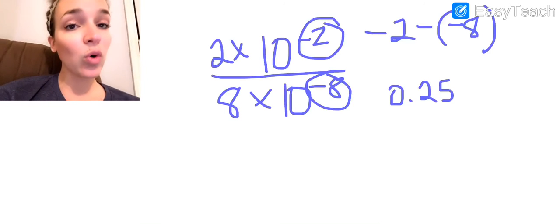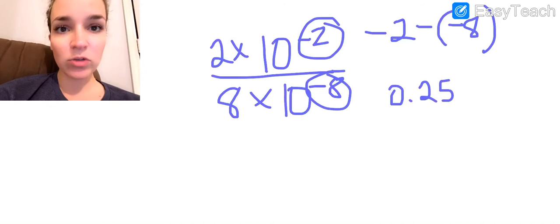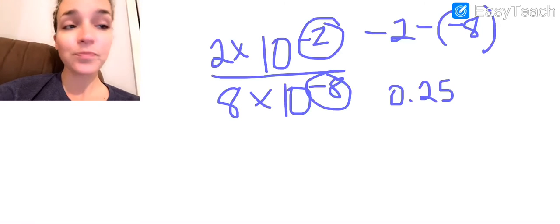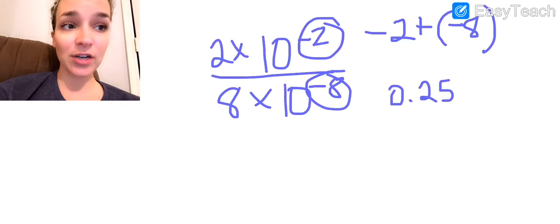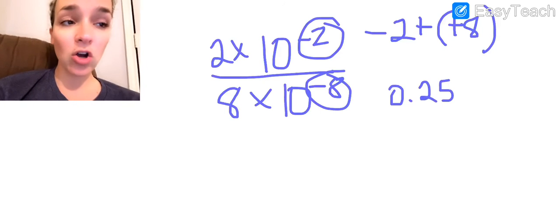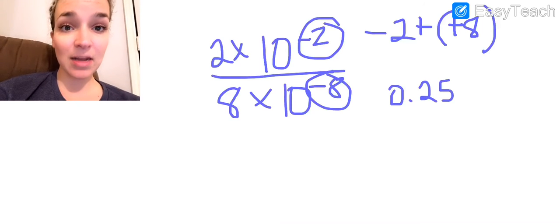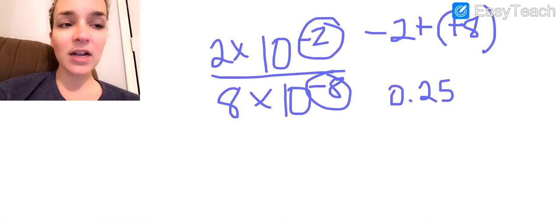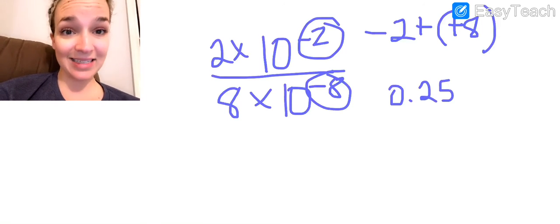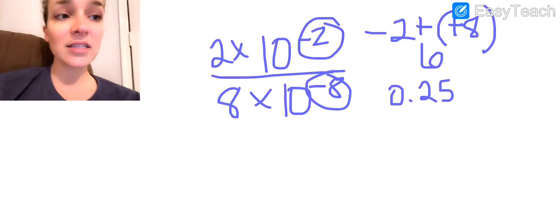Now remember the rule, if we are subtracting integers, we always want to turn it into an addition problem. Only way we can do that is turn it into addition by also changing the sign of the second number. So really what's happening here is negative 2 plus 8, which gives us a positive 6.